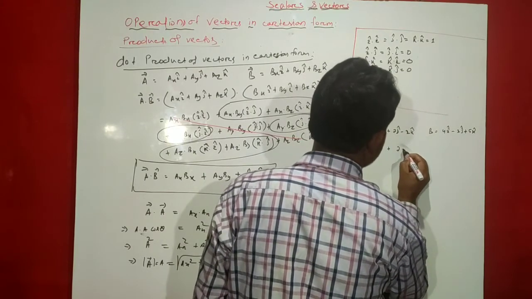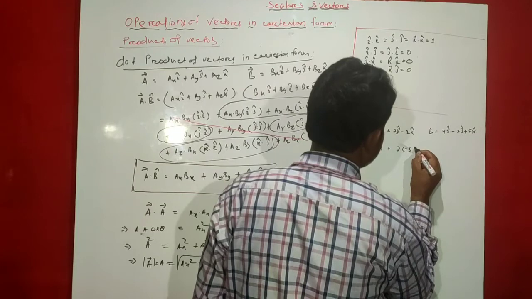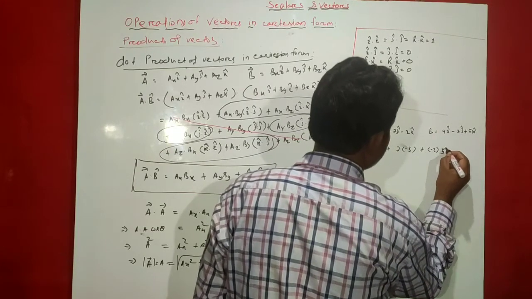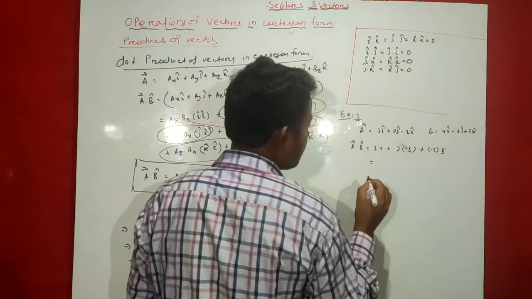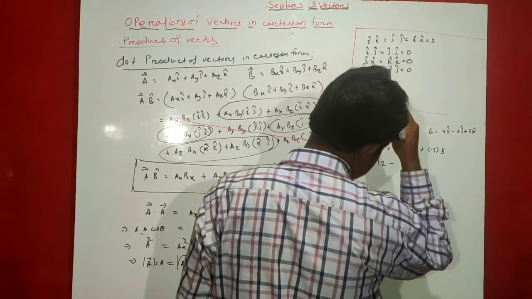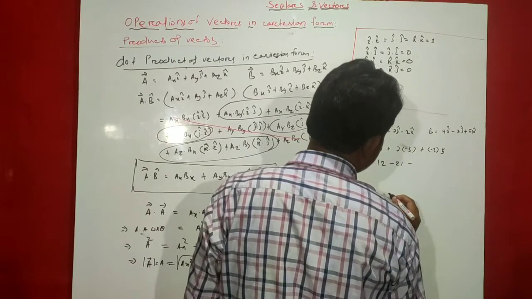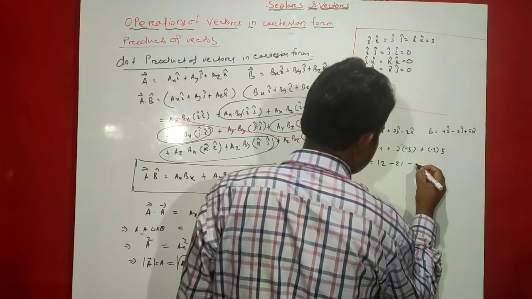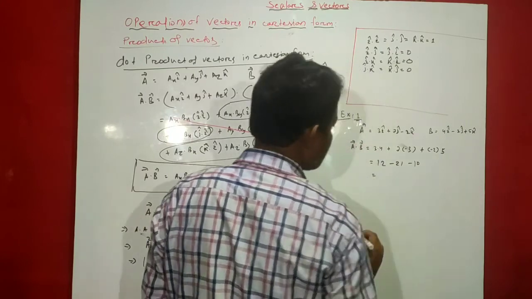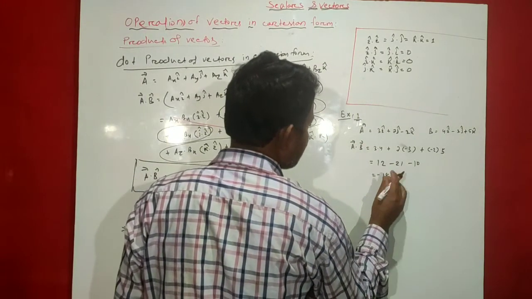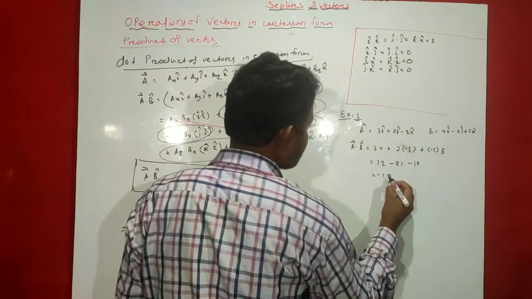Here ay is 7 into minus 3, plus minus 2 into plus 5 for k. That is equal to 12 minus 21 minus 10, that is equal to minus 19.